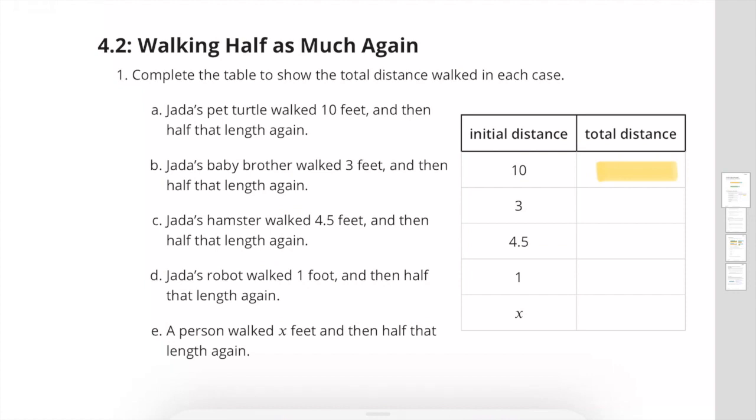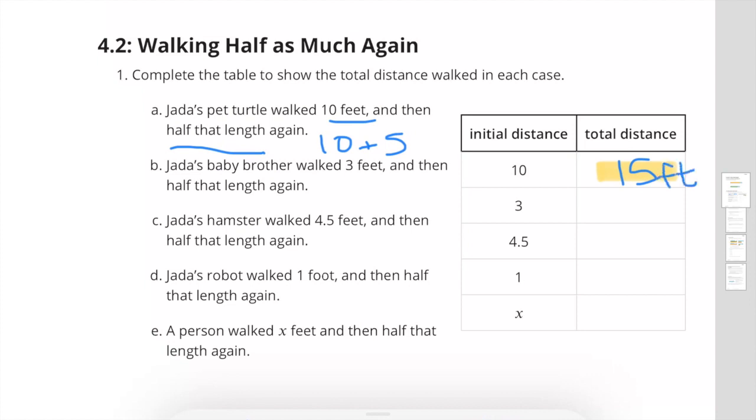If it walked 10 feet, what is half of 10? 5. So it walked 10 feet and then 5 feet, which gives us a total of 15 feet.